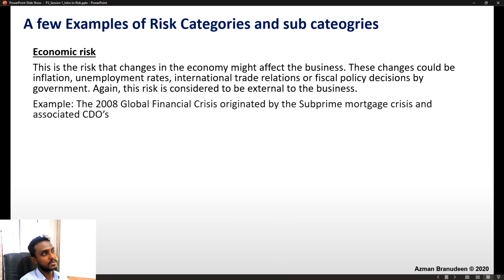So one good example is the 2008 global financial crisis, which was basically due to the subprime mortgage crisis, right?